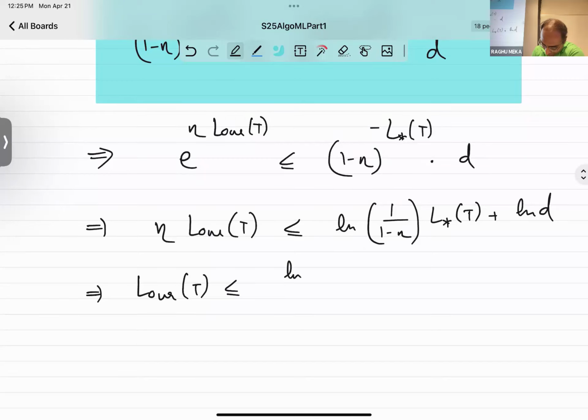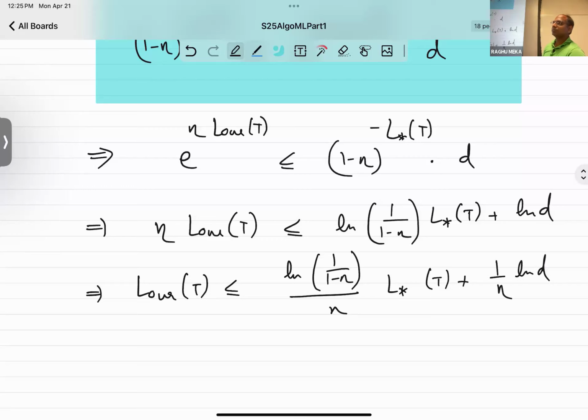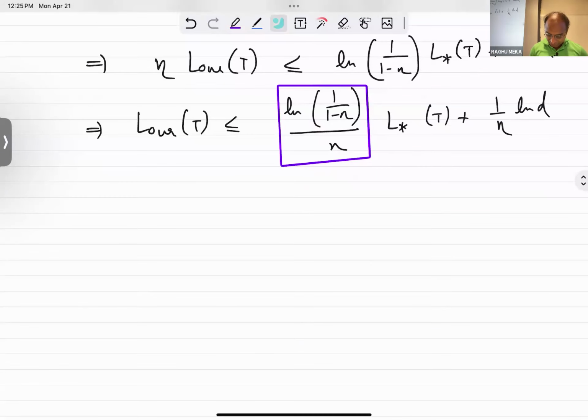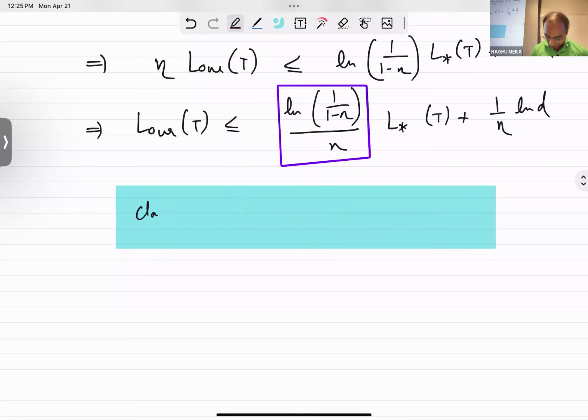So the expected loss that we get is related to the loss of the best expert up to this additive term. Okay. We still have this unwieldy looking expression, ln of 1 over 1 minus eta divided by eta, which looks kind of messy, but we can simplify it by just noting that as long as the step size is not too big, this ratio is pretty small.